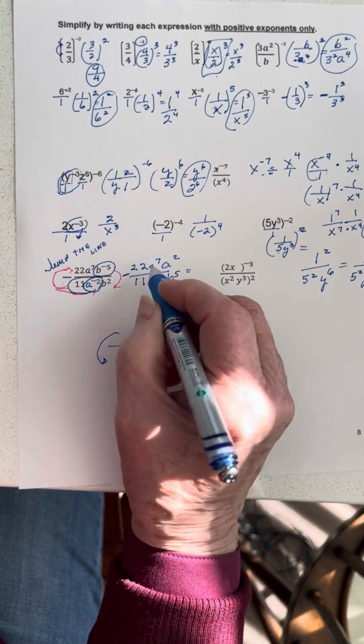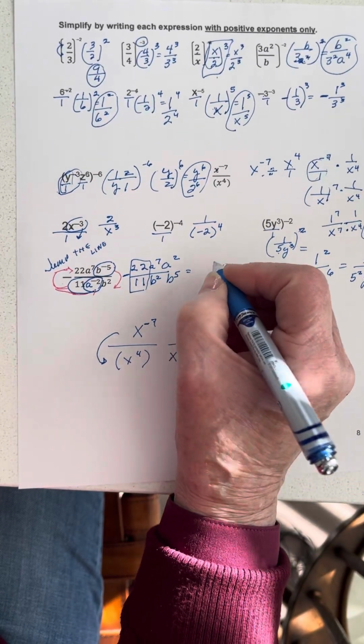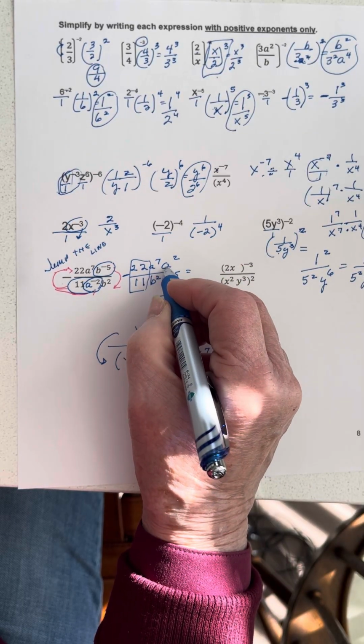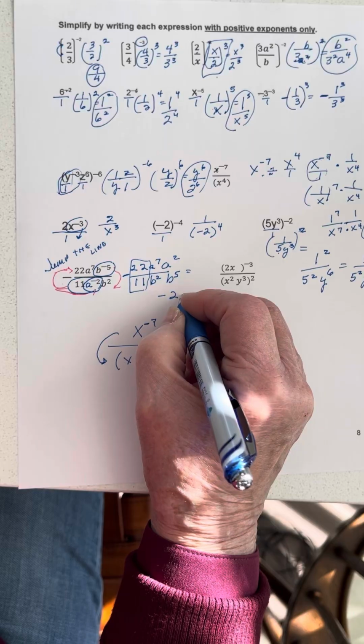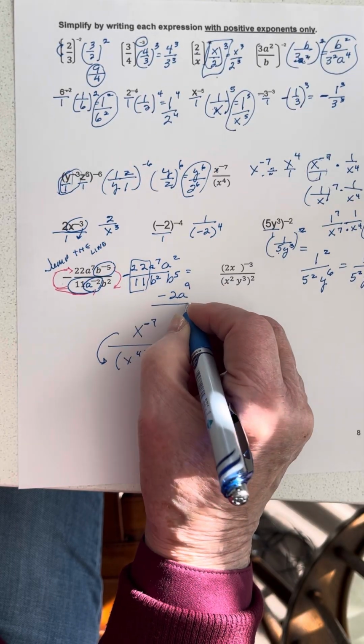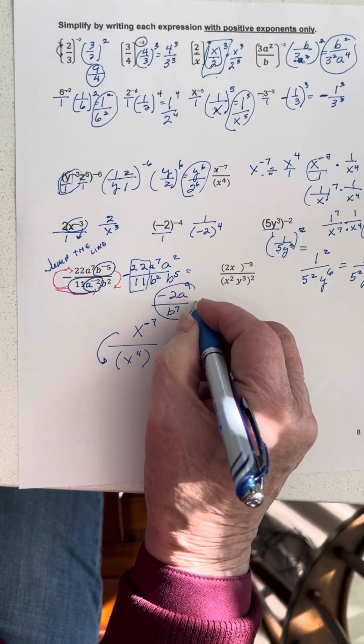Now let's simplify this. We know this is easy. That's going to be 2. And this is multiplication, so we're going to add the exponents. And on the bottom, we have b, and we're going to add the exponents. So there's our final answer.